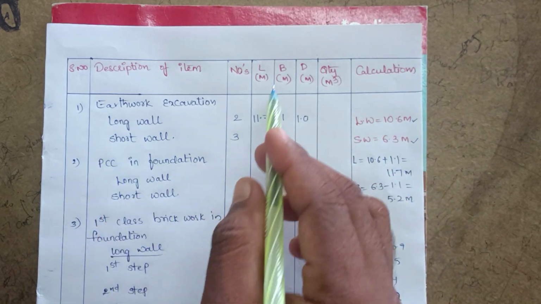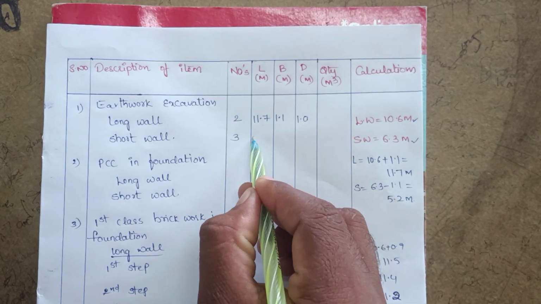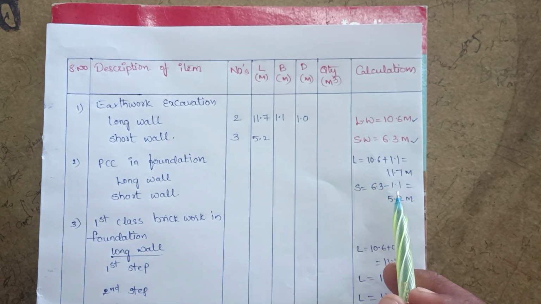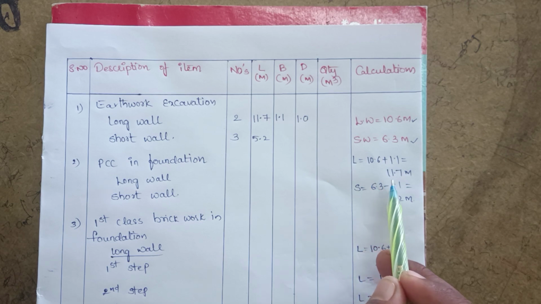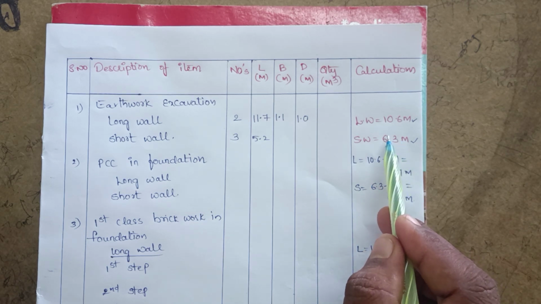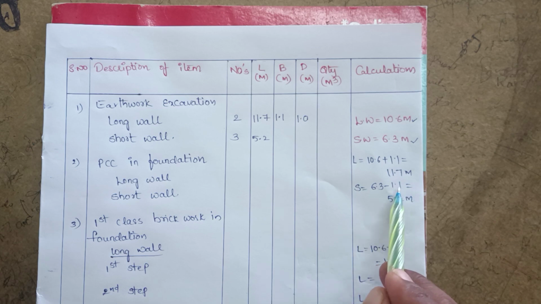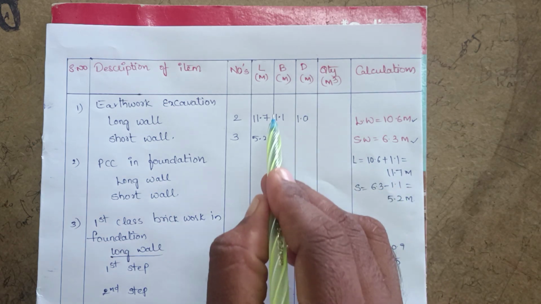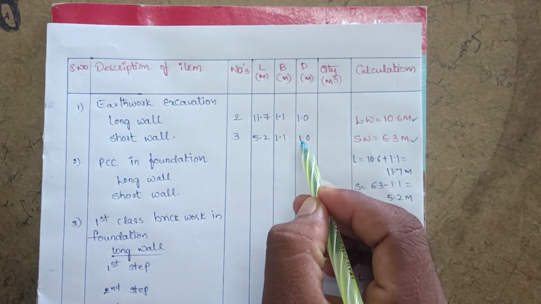For the short wall, the length is going to be 5.2 meters. Here we need to reduce the width of the excavation from the total length, because we added it in the long wall, so we reduce this length in the shorter dimension. The breadth is the same, 1.1, and the depth is also the same.